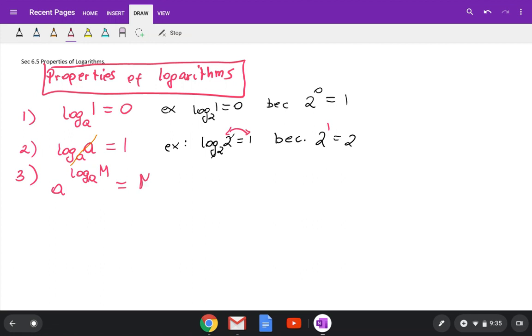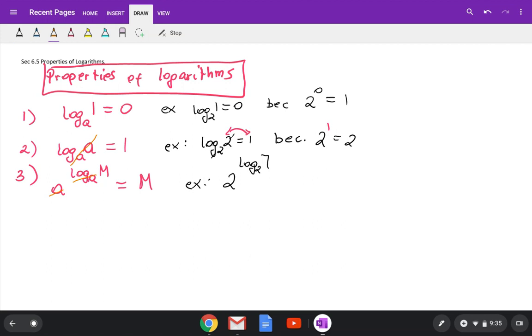The answer is equal to m, and the best way to memorize that: the base of the exponent is the same as the base of log, so you may think like they cancel each other, like in example 2, and your answer will be m, the expression next to log. Let me give you an example of this property. Let's say you have 2 to the power of log of base 2 of 7.